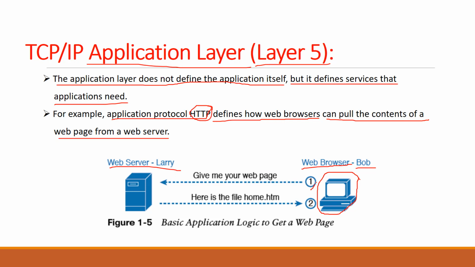So as a first step, Bob will send a message to server Larry requesting the content of the web page. So it says, give me your web page. Once the message is delivered to the Larry web server, it will respond back in step 2 with the homepage file, which is called home.htm.